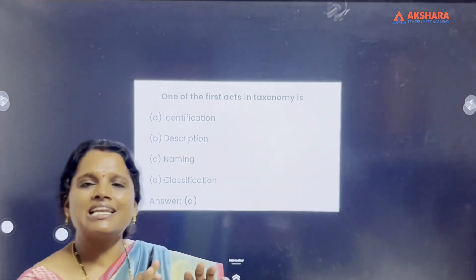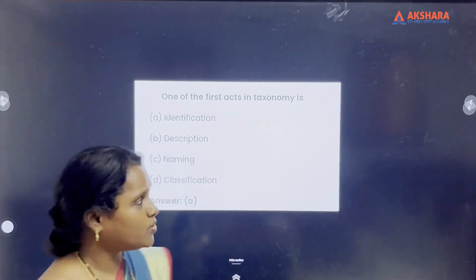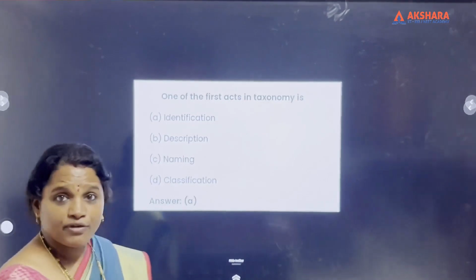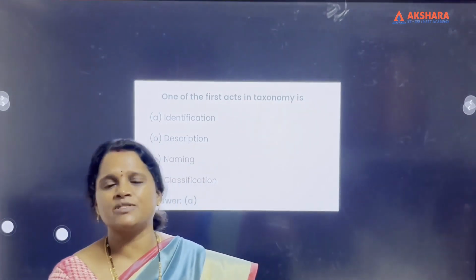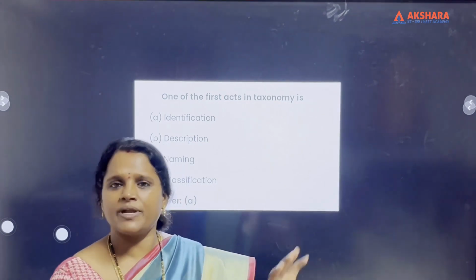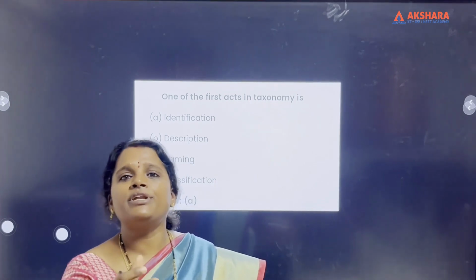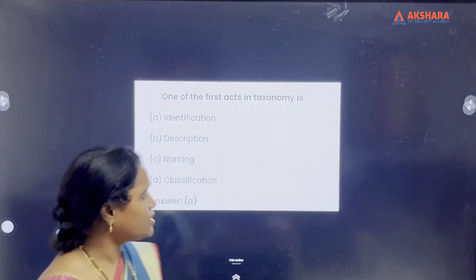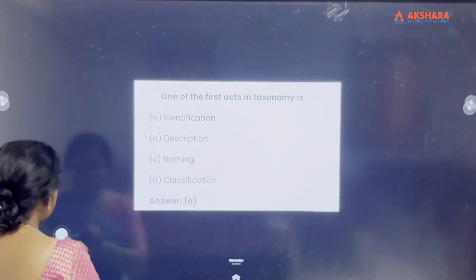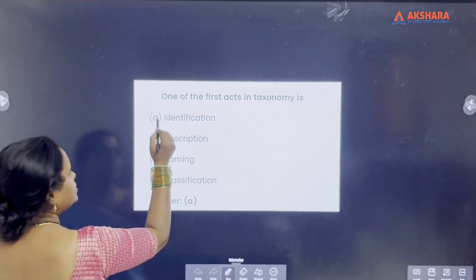Taxonomy means classifying the living organisms, putting them under sections. So the first act in taxonomy, if you want to classify living organisms, is to put them under separate classifications, separate characterizations. In order to do that, you need to identify them first. So the answer is, one of the first acts in taxonomy is identification.